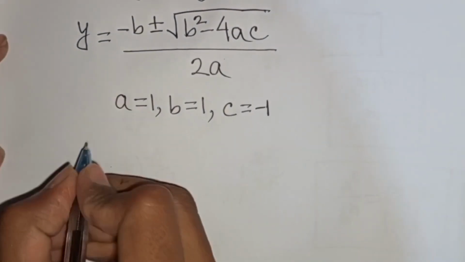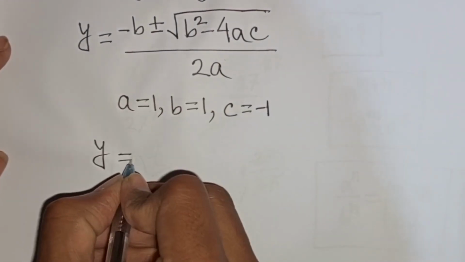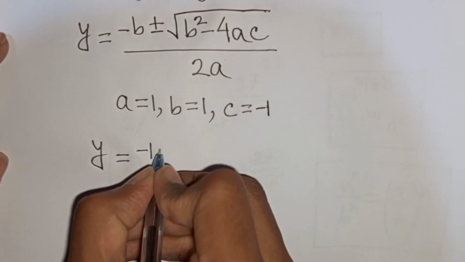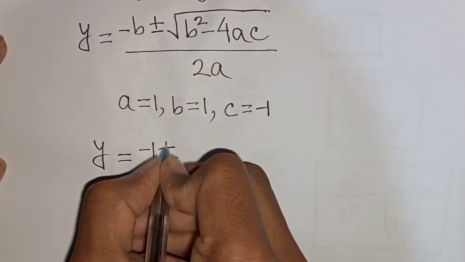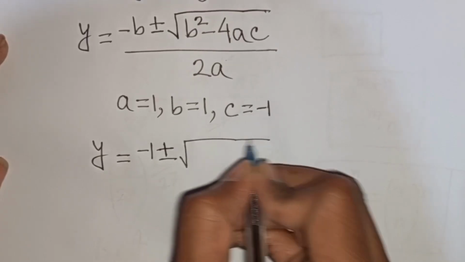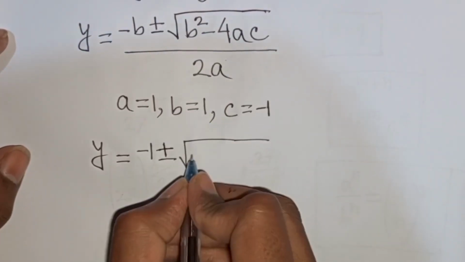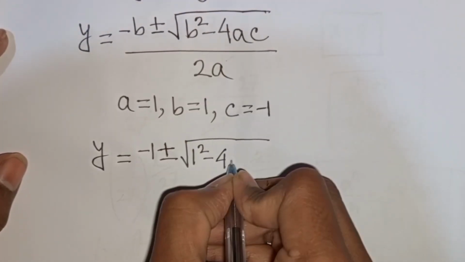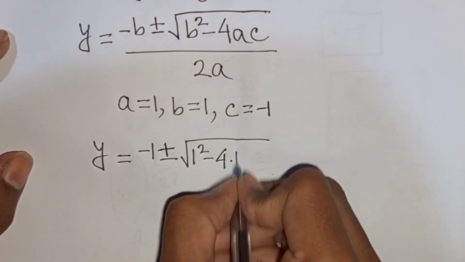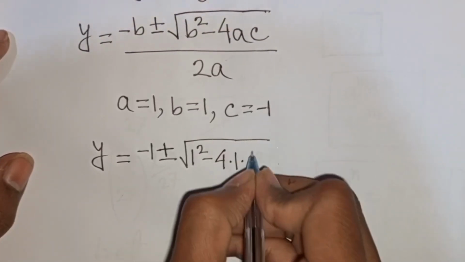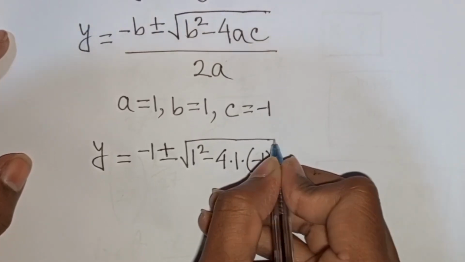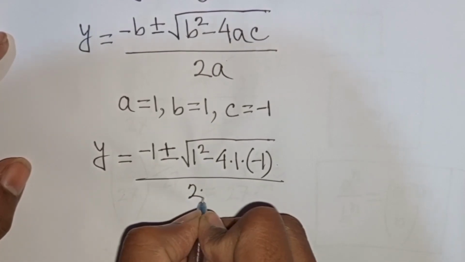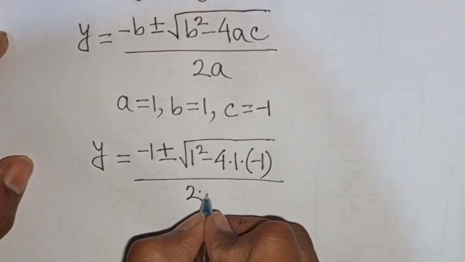Now we can write here y will be equal to minus b, that means 1, then plus or minus square root of b square, that means it will be 1 square minus 4 times a, that means 1, times c, that means negative 1. So it will be bracket negative 1, then divided by 2 times a, that means 1.